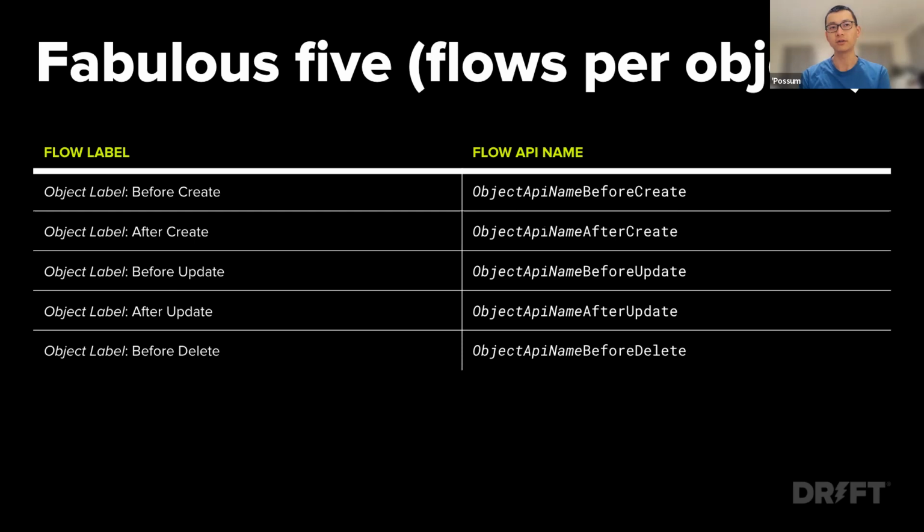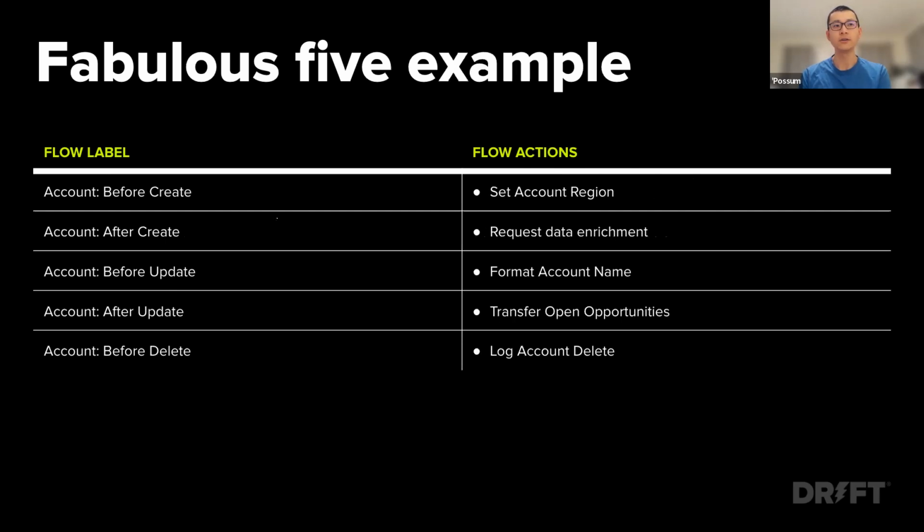And so here's a suggested naming convention. It helps you get started without having to overthink how to create these flows. And this is an example. These are some things you might do in the different contexts. If you have a flow or flows on the account object, before the account's created, you might want to set an account region. That's a field update, which again doesn't trigger recursive trigger processing, which is nice.